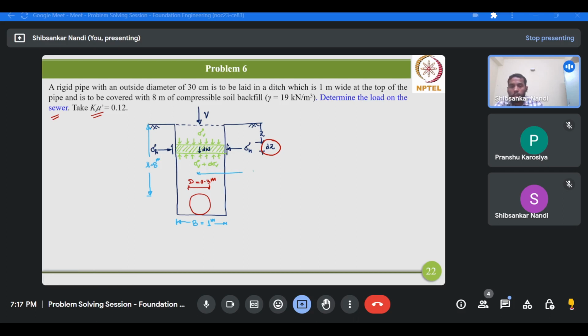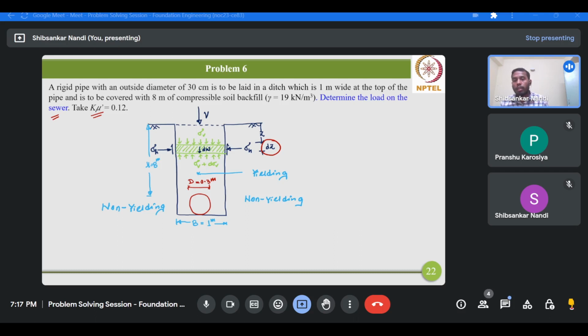So this is the yielding portion, since this is compressible soil backfill over the conduit, and these are the non-yielding portion. Similarly, this side also non-yielding, and these are the slip surfaces which are generated between these two portions, yielding and non-yielding.